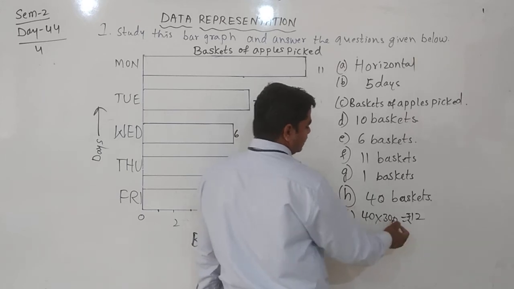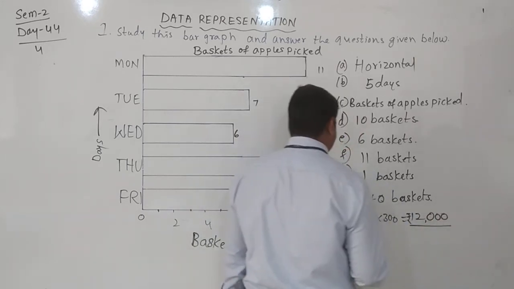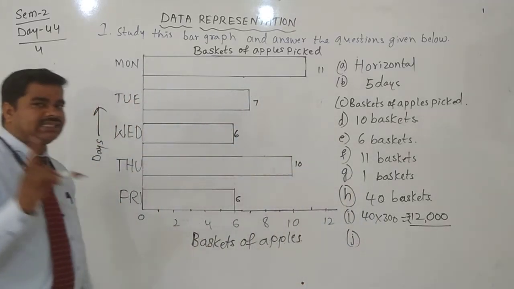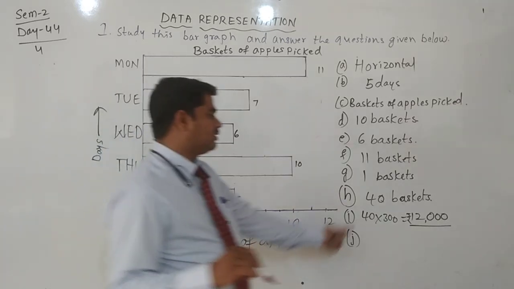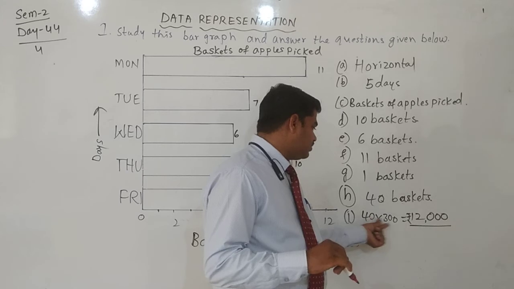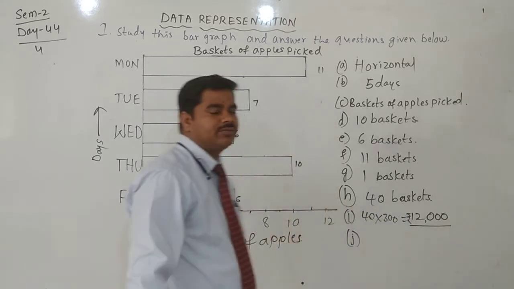Then 3 zeros: 1, 2, 3. 12,000 rupees. What is the cost of the apples in the graph? 12,000. One basket is 300, total number of baskets are 40. 4 threes are 12, then you write the 3 zeros over that.